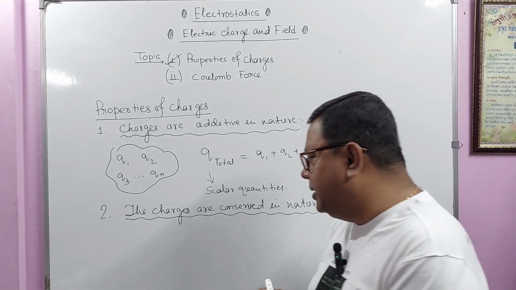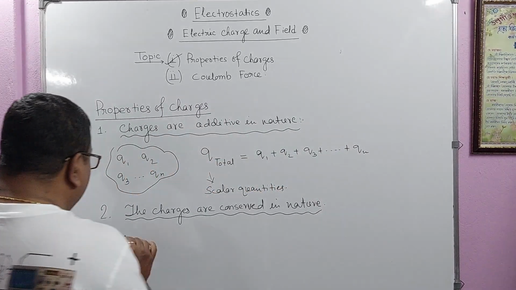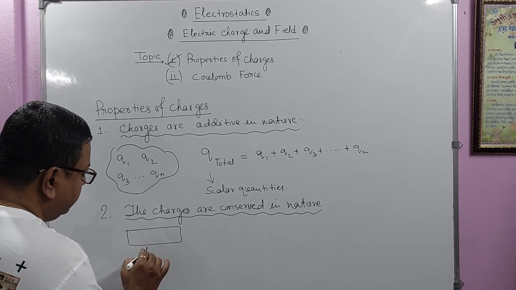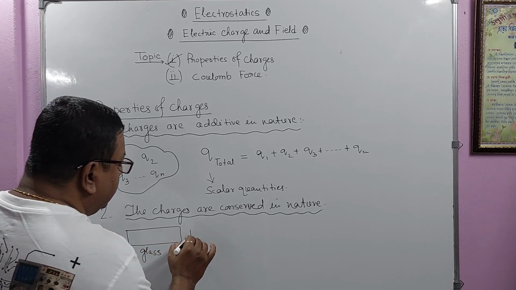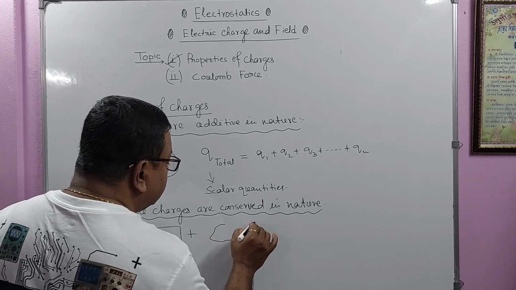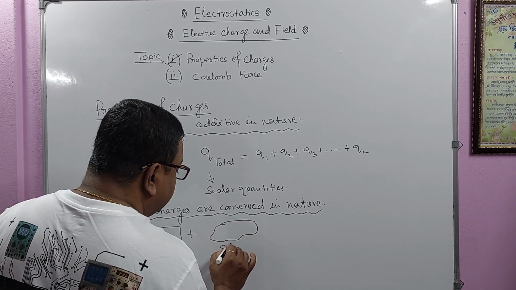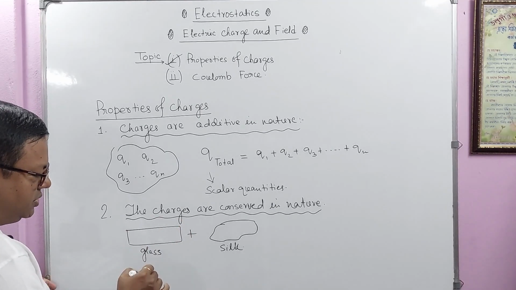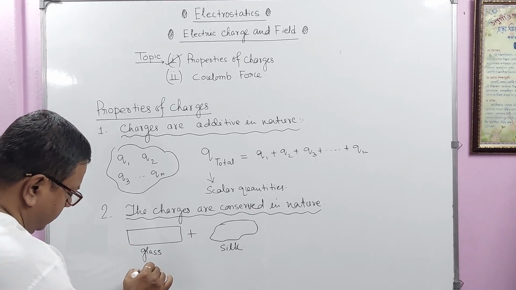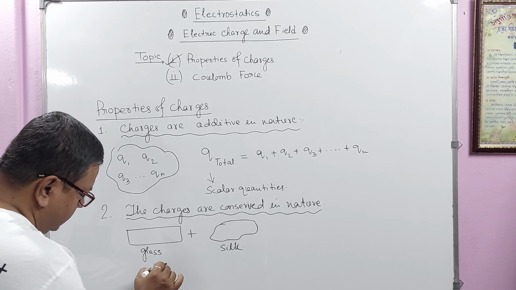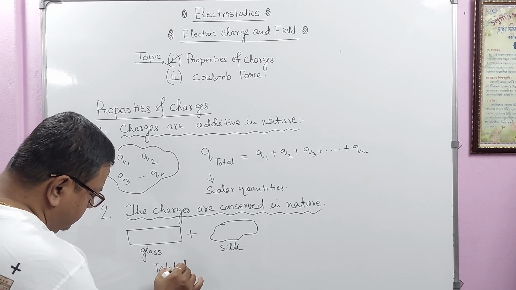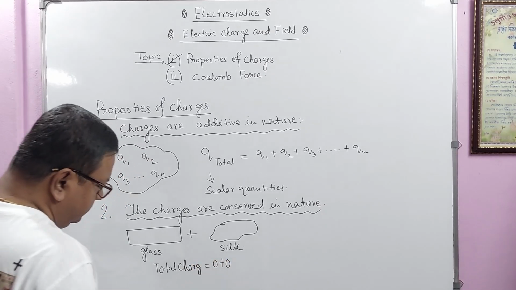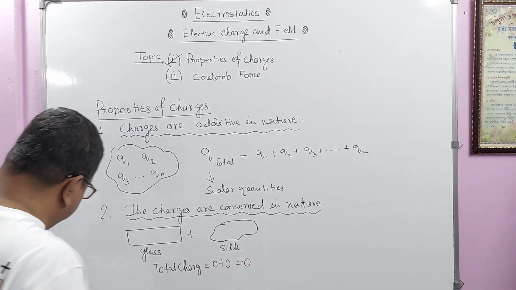Let us consider an example. We have two systems. One is glass, another is silk. So in this situation the total charge is 0 plus 0, that is 0.